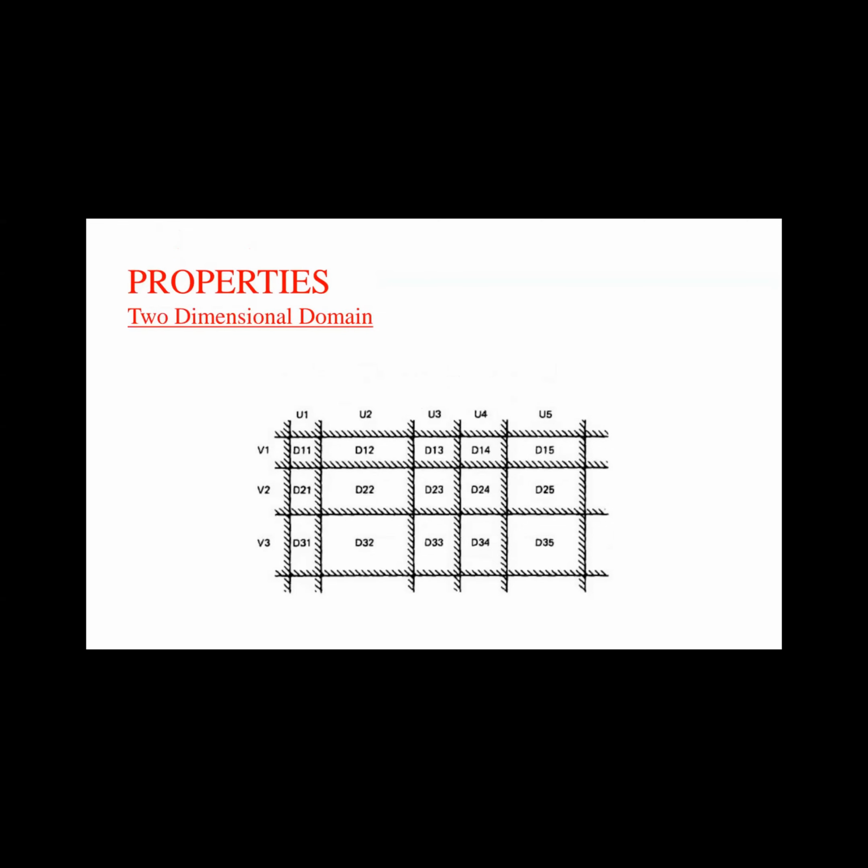The next property is linear. If a domain also satisfies the linear property, the domain is also called a nice domain. What is meant by the linear property? Two-dimensional properties represent the domain in a two-dimensional format.